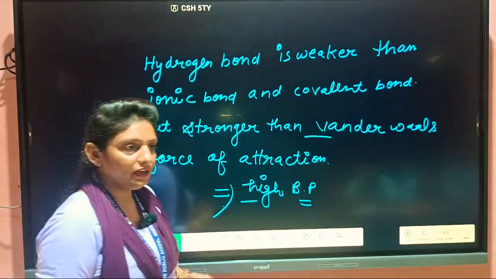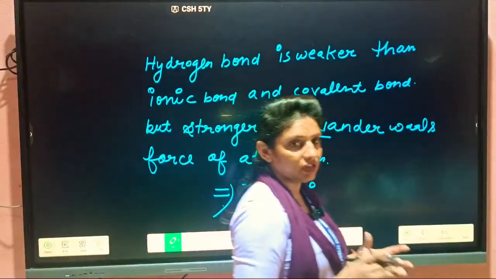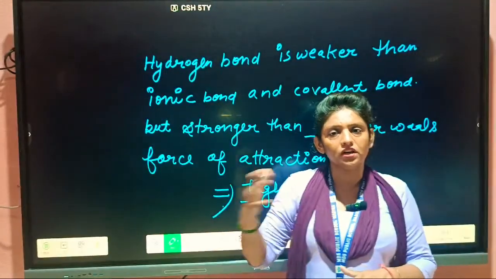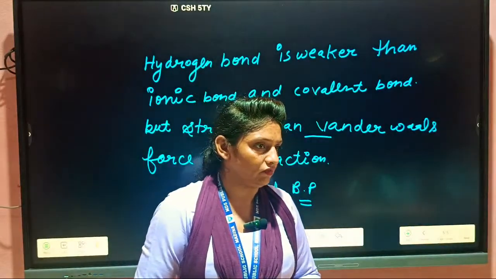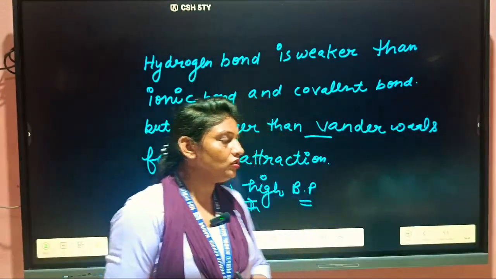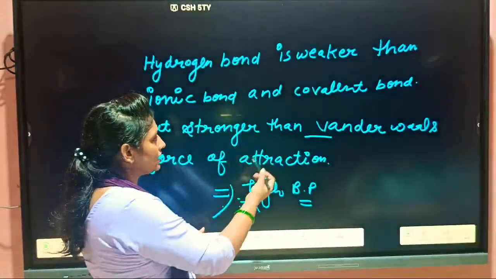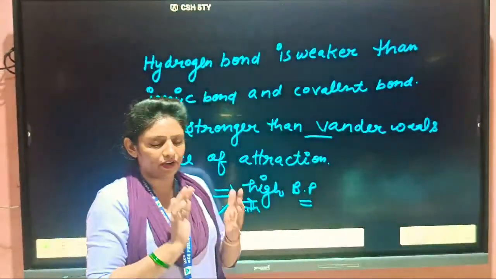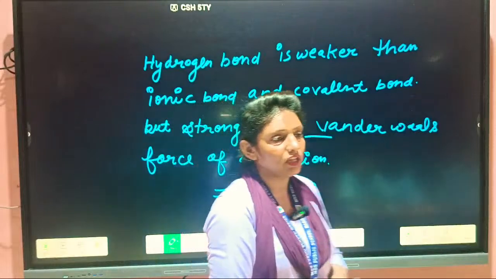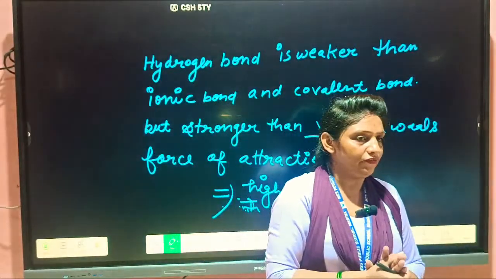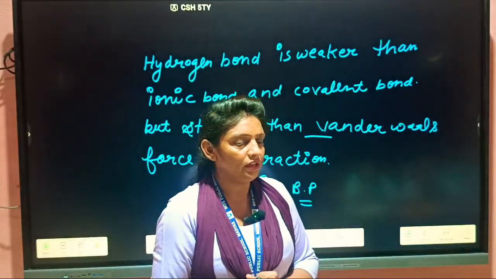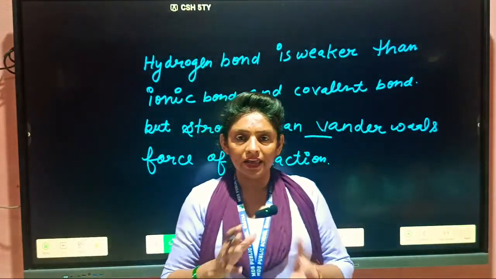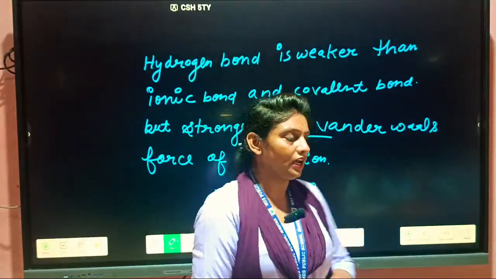And it is less volatile. Yes, water can convert into vapors, but not at very low temperature. Clear or not? So hydrogen bonds are stronger than van der Waals force of attraction, so they are not so weak. If molecules form hydrogen bond between them, then they are less volatile in nature.